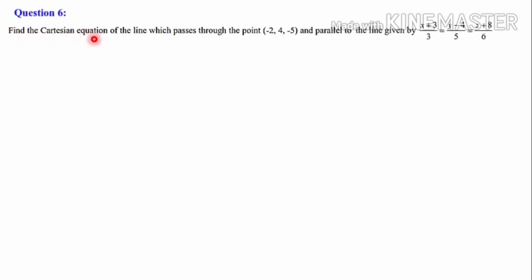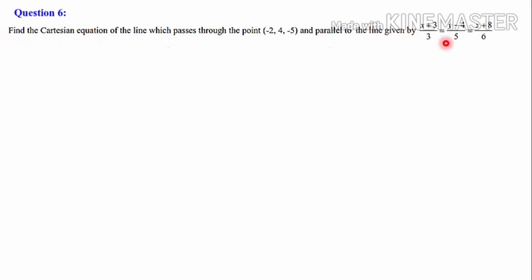Next, move on to question number 6. The question is, find the Cartesian equation of the line which passes through the point -2, 4, -5 and is parallel to the line given by x plus 3 by 3 equal to y minus 4 by 4 equal to z plus 8 by 6.